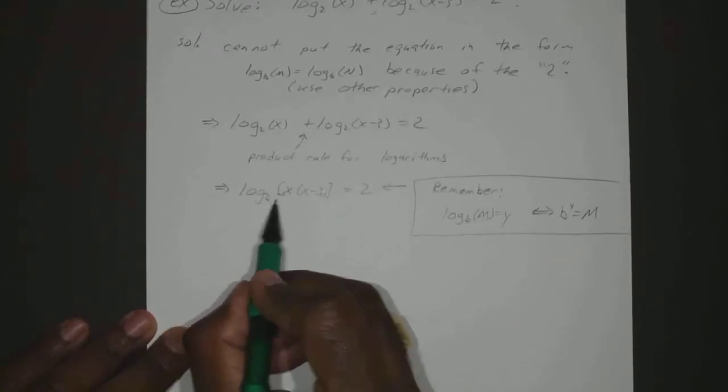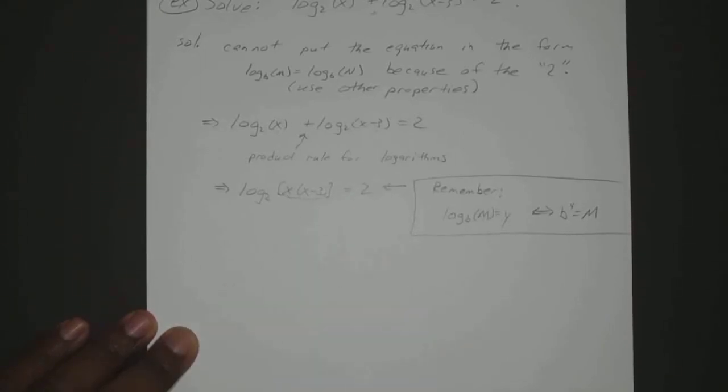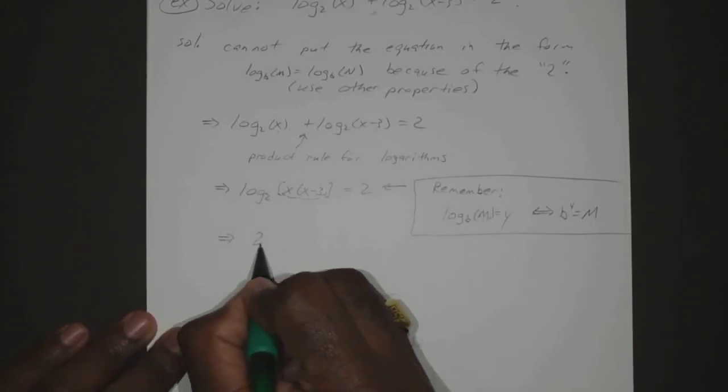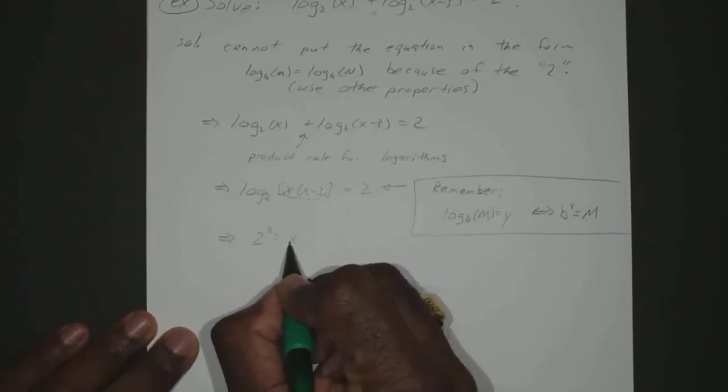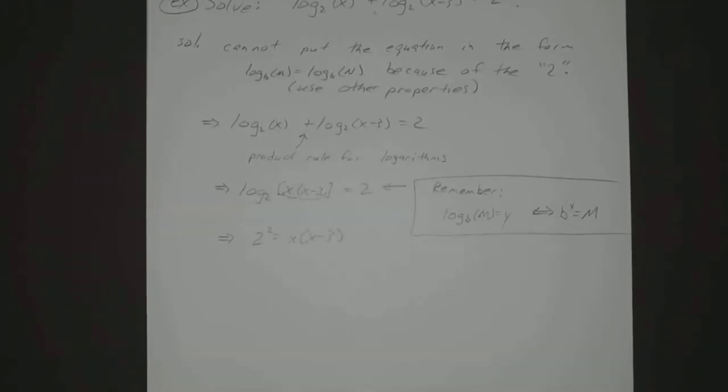So we have 2 to the power of 2 equal to that m there. So 2 squared equals x times x minus 3. It's a little combination of a couple of the properties.